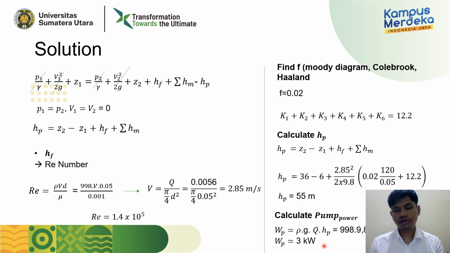You are not allowed to install a pump under 3 kilowatts, because if you install a pump with under 3 kilowatts of power, your pump will not work properly. Maybe it will not work at all. So what you need to do is install a pump that is at least the same as, or higher than, 3 kilowatts. That is what you need to do as an engineer.